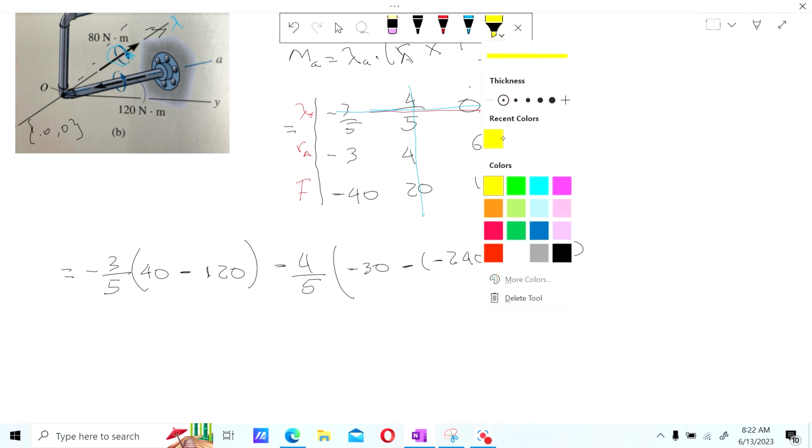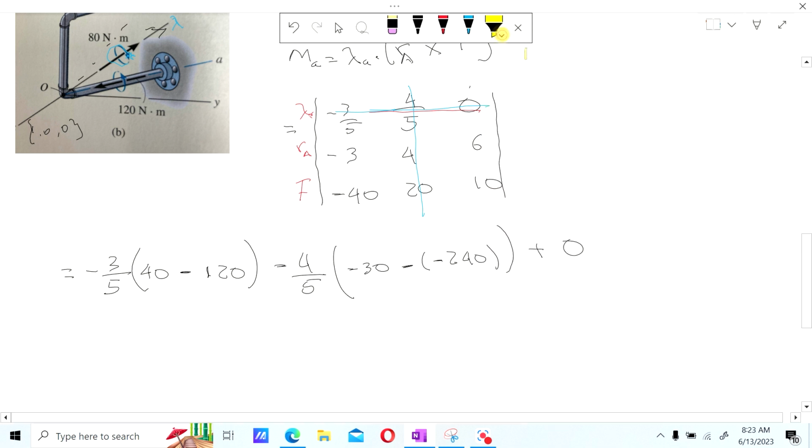I don't know if this is going to be too difficult to see, but let's try it. For 0 you will cancel this one and that one, and it will be 0 times negative 3 times 20 is negative 60, minus negative 40 times 4 is negative 80.